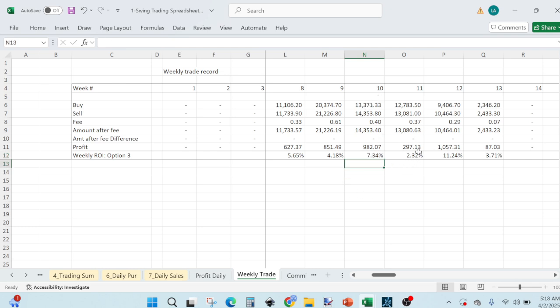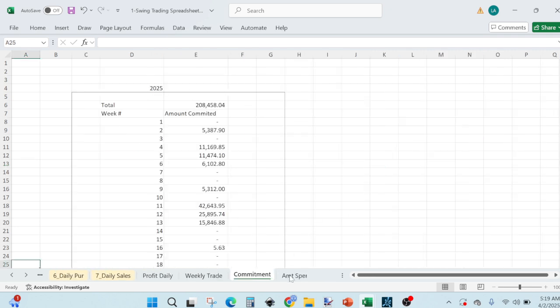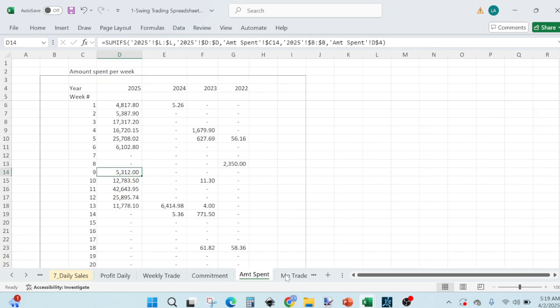But yeah, so week 11 we have a 2.32% return. Week 12 we have 11.24%, and week 13 we have 3.71%. Those are the weekly returns, committed to the ones that we have purchased but have not sold yet.